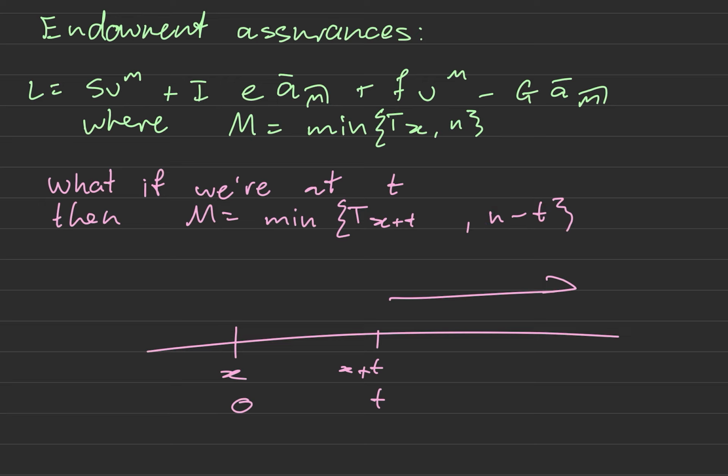The other thing is, if we're at time t, this simply remains exactly the same, except I change this m to this, and I also remove this initial expense. Why? Because I'm beyond that. The gross future loss random variable doesn't have an initial expense in it. The initial expense is in the past, not the future.